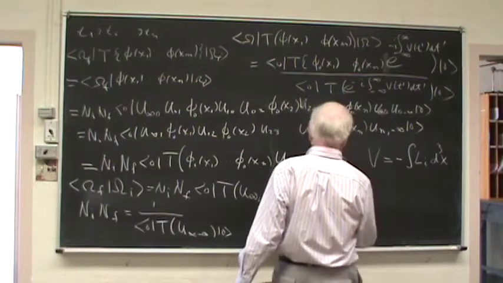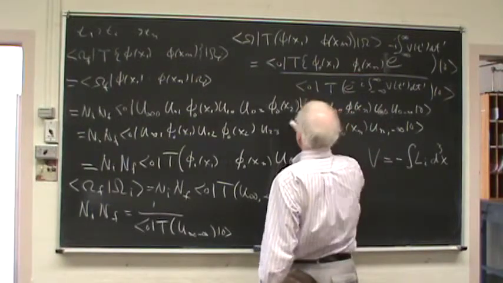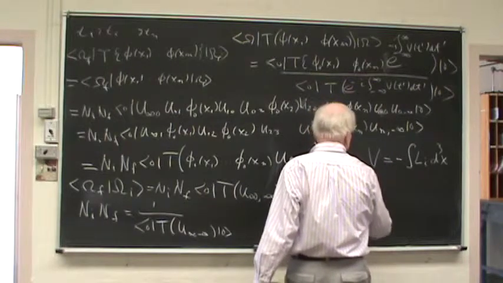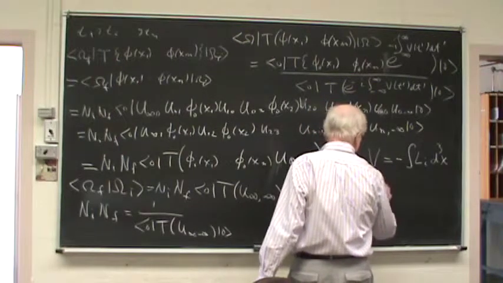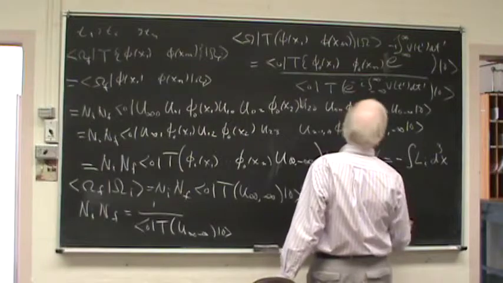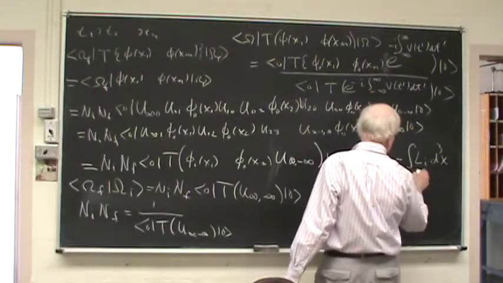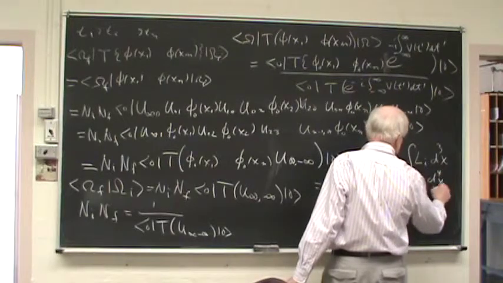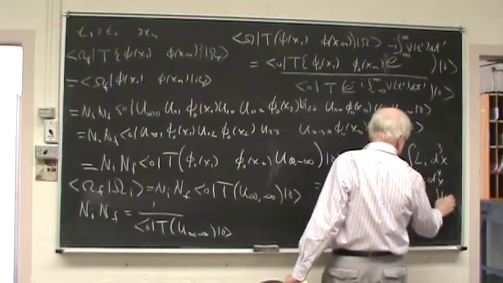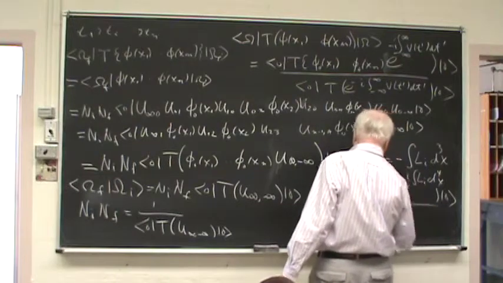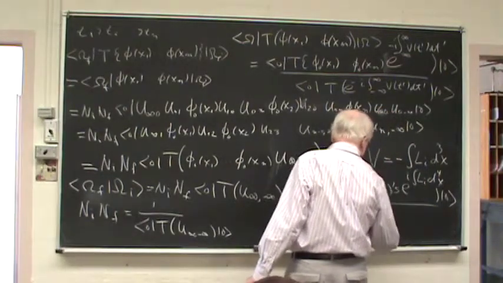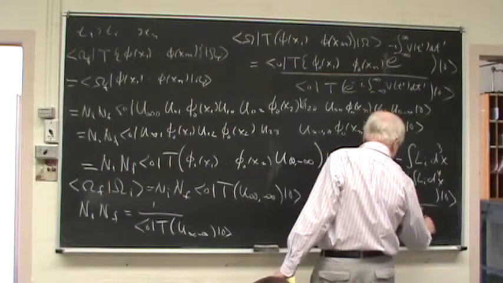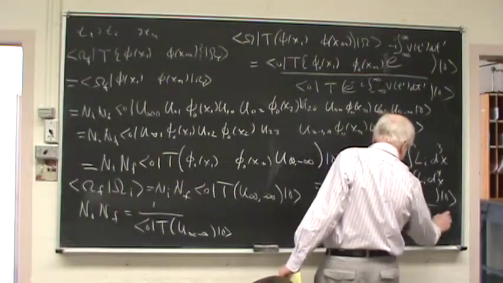And so our expression now is 0, time ordered product of fields. I'll just write it this way: e to the i integral of the interaction Lagrangian d4x, closed time ordering in 0, and then we divide by 0, time ordered e to the i integral of L_I d4x, 0.